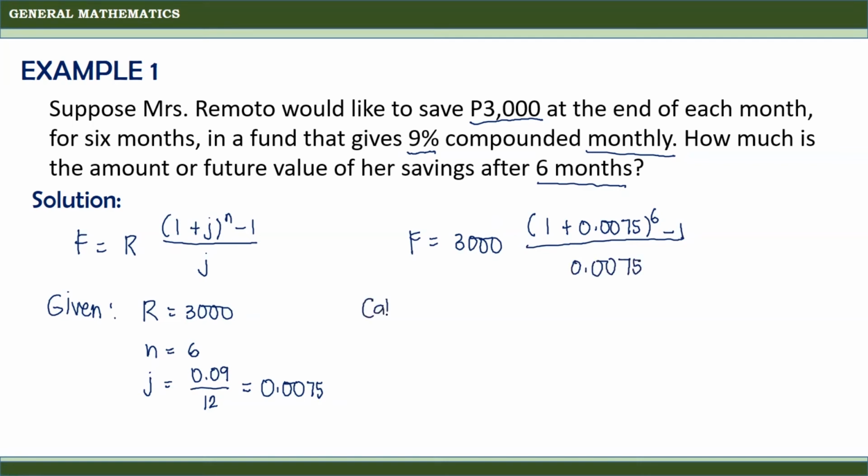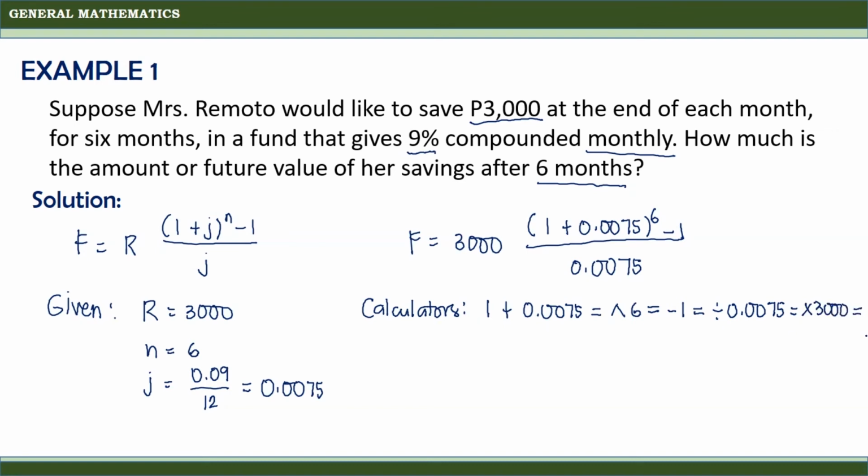Using our calculators, what we need to input to arrive to this answer is 1 plus 0.0075, then equal sign, raised to 6, then equal sign again, then minus 1, then equal sign, then divided by 0.0075, equal sign, times 3,000, then finally equal sign.